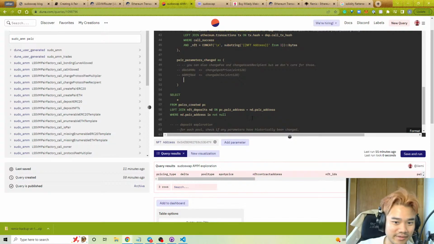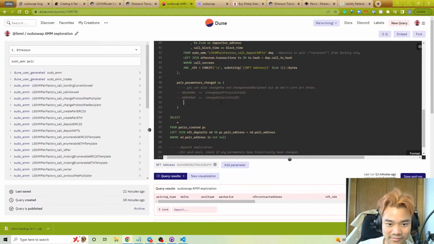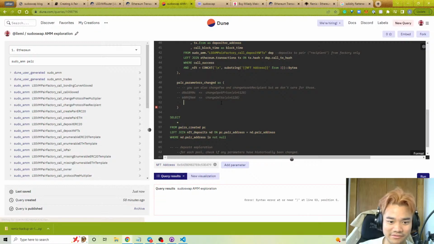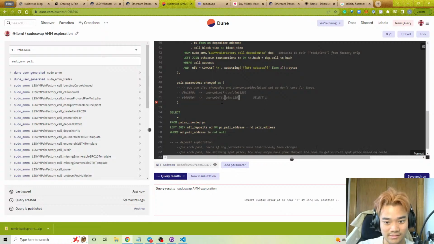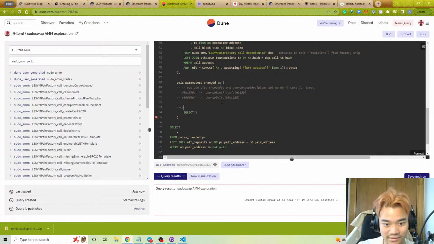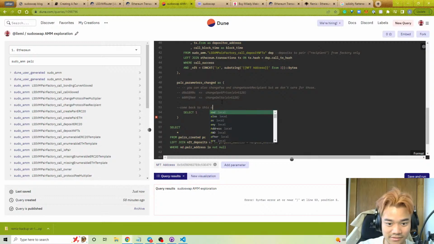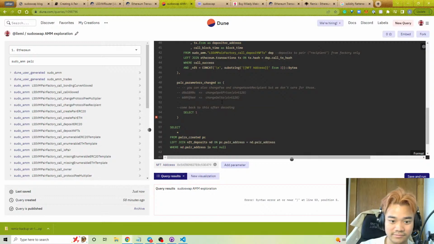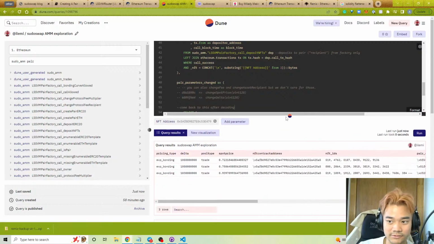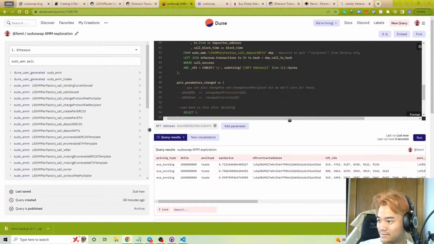Yeah, I don't want to decode this manually. Okay. Yeah, we'll come back to this next week to finish it off once we get there. So come back to this after decoding. But hope that's helpful for today.